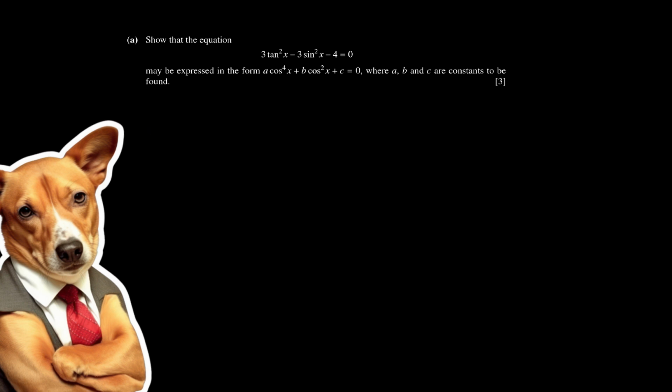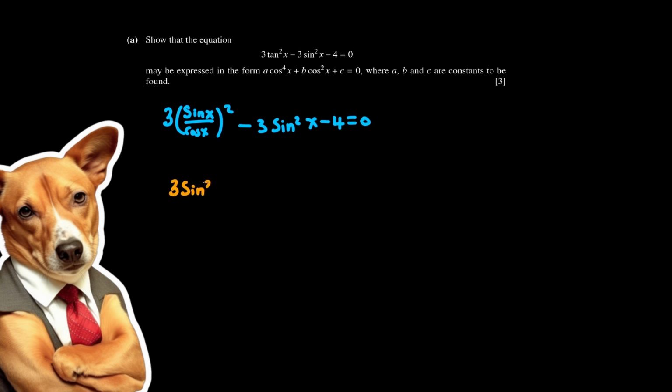Now, in order to show this, we're going to remember that actually tan equals to sine over cos. So we are going to express this as 3 into sine x over cos x squared minus 3 sine squared x minus 4 equals to 0.